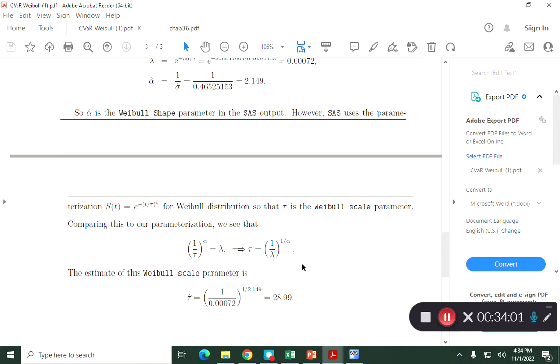And the Weibull scale equals 1 over the scale parameter. So it's 1 over lambda to the 1 over alpha. You can write it this way. This is almost like in the old days, when we talked about Poisson and exponential being inverse.